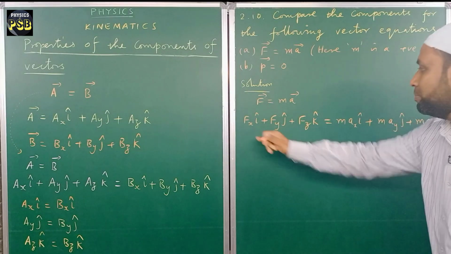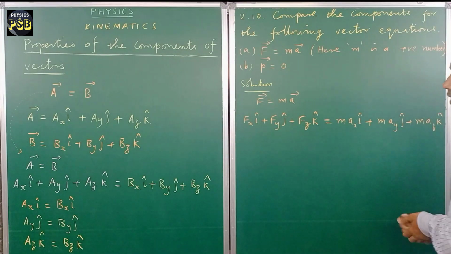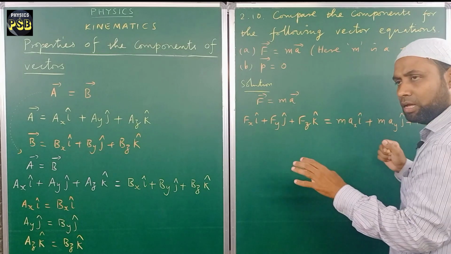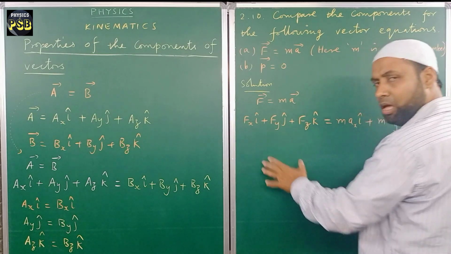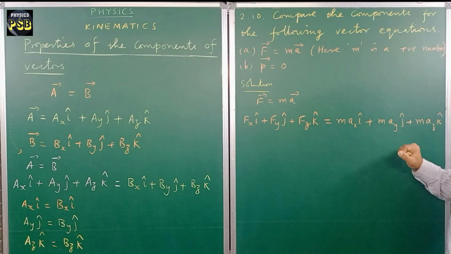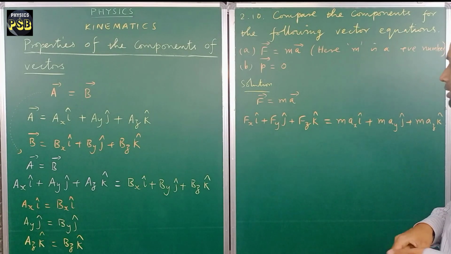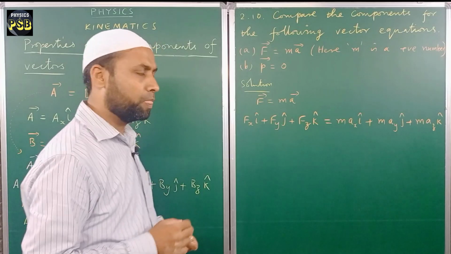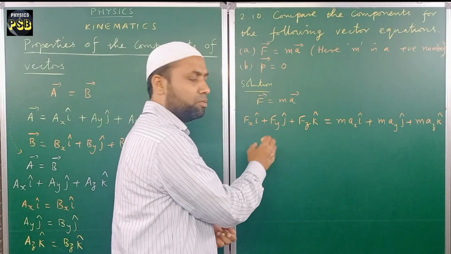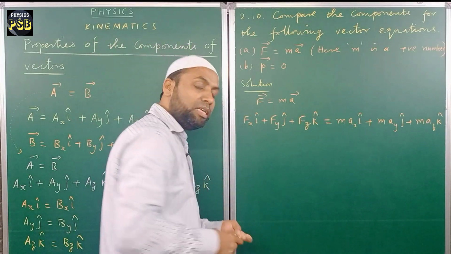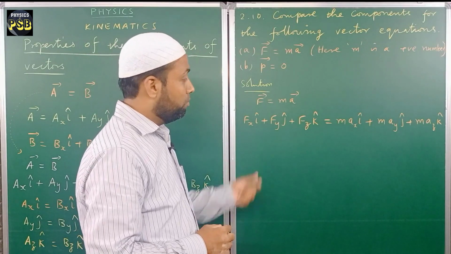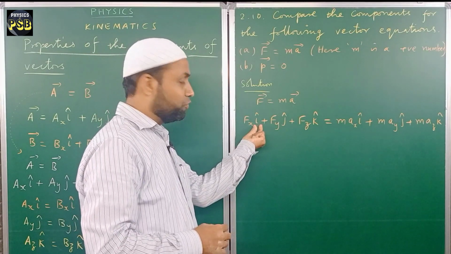Now I'm going to compare the terms present on the left hand side with those on the right hand side. Let's see what happens if we do so. I'll pick up the terms having the same unit vector.